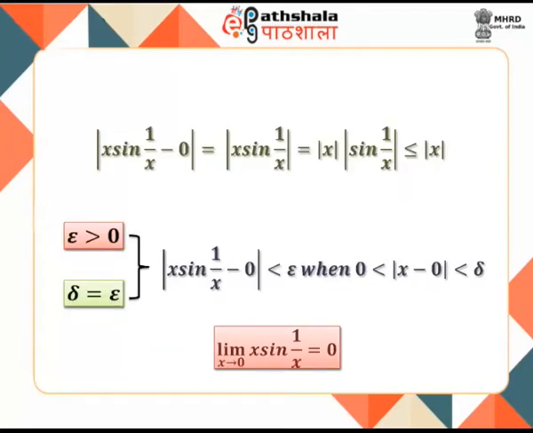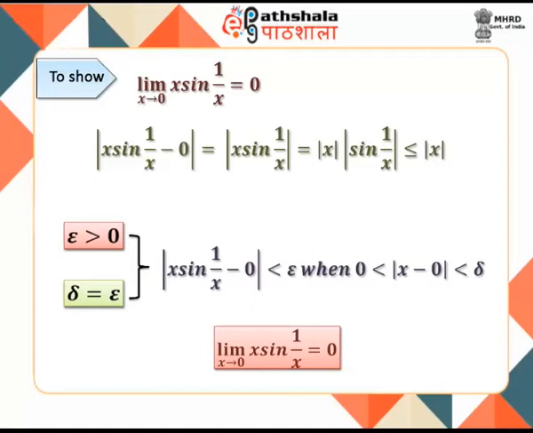Let's take an example to understand the concept of limit. Show that limit x tends to 0 of x sine 1 by x is equal to 0. Let's try to solve this. Now, modulus of x sine 1 by x minus 0 is equal to modulus of x into sine 1 by x, which is less than or equal to modulus x.